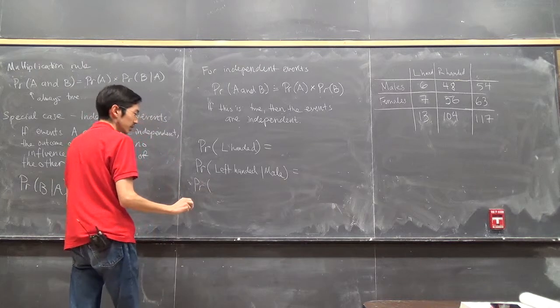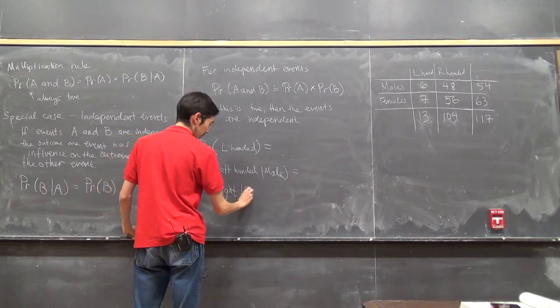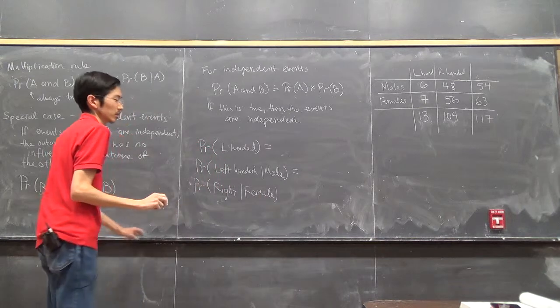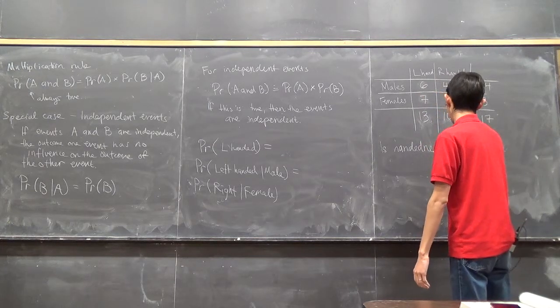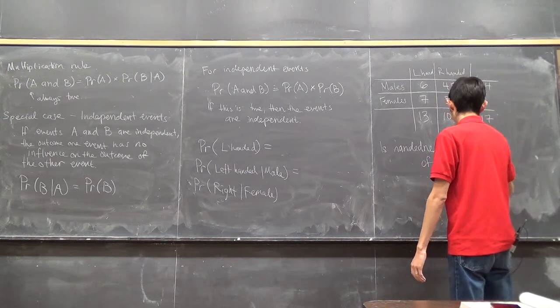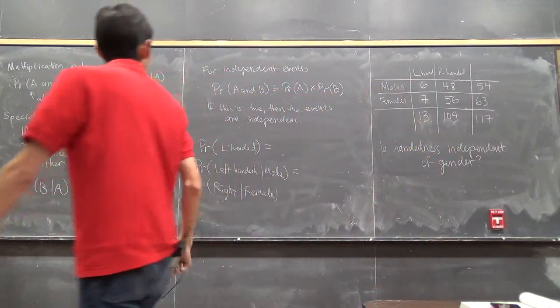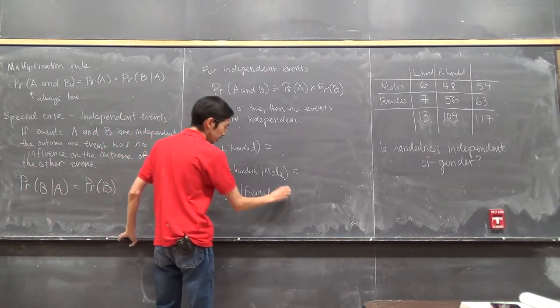What's the probability of that being? We could just answer these with fractions. I guess we can use decimals also.